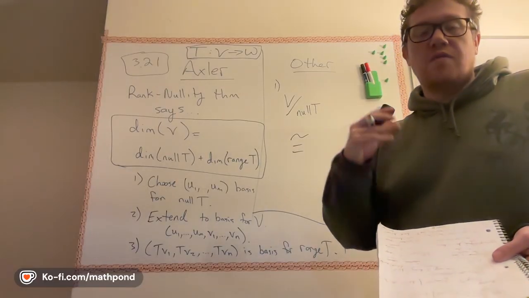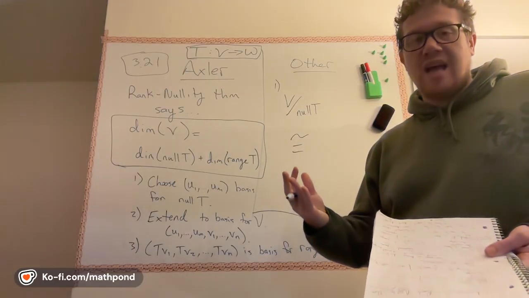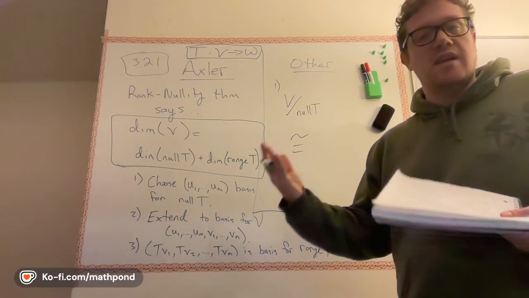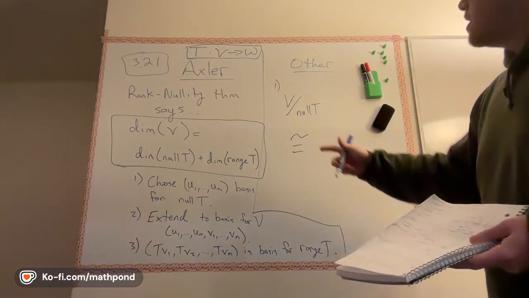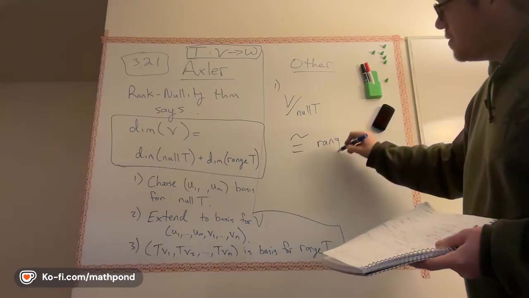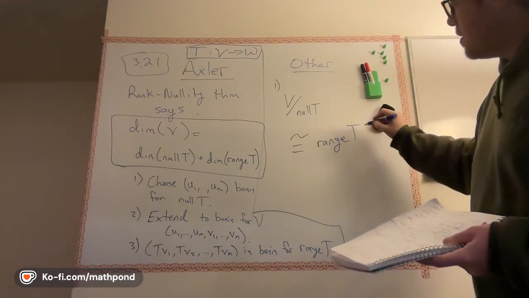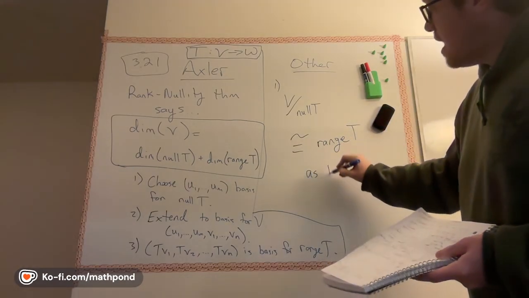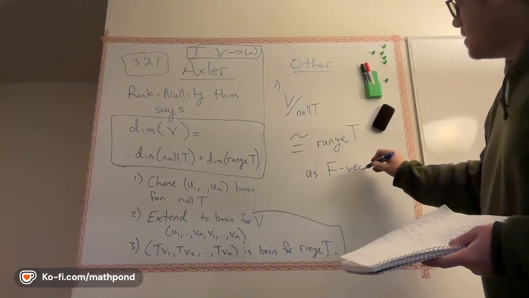So isomorphic meaning that they're the same as vector spaces up to just relabeling all the elements. So V mod the null space is isomorphic to the range, as F vector spaces.